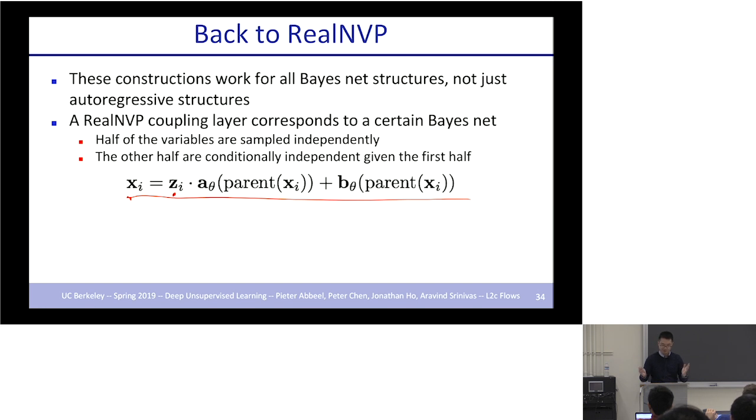Z is my noise space, Z gets multiplied by some A and offset by some B. How is this affine transformation determined? It depends on all of the parents of X.